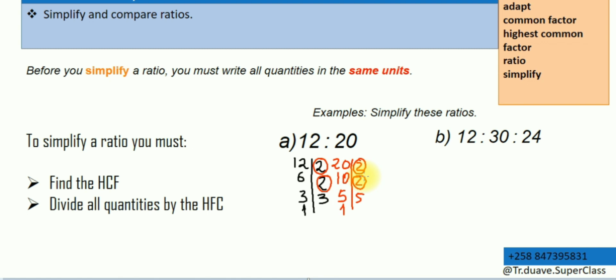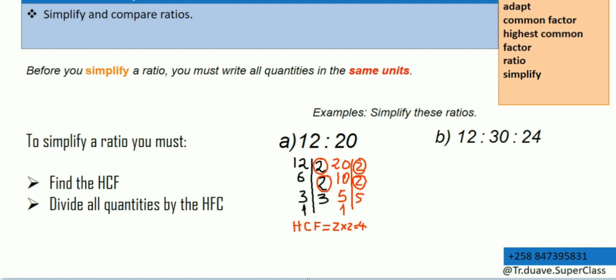Okay, so now we need to pick one of the columns and multiply the numbers circled in it. So for the highest common factor, we are going to pick this column here. Just this one, okay? Do not use both. 2 multiplied by 2 is our highest common factor. 2 multiplied by 2, the result is 4. Okay? So 4 is our highest common factor.